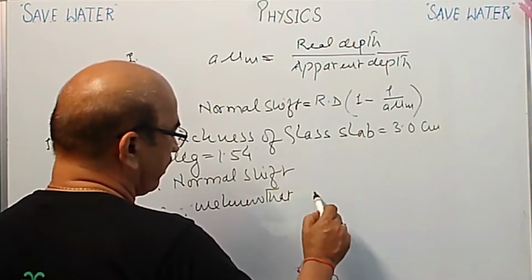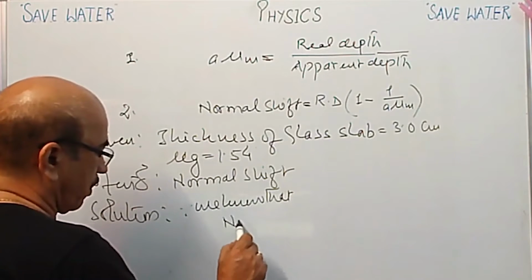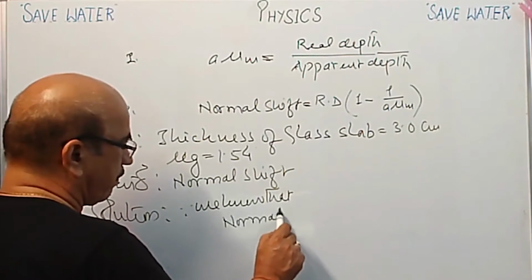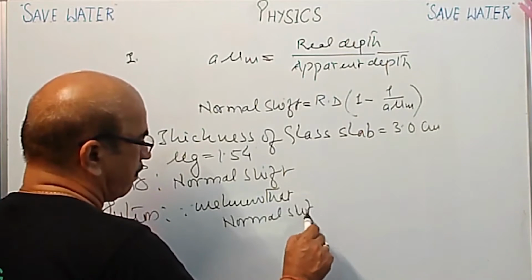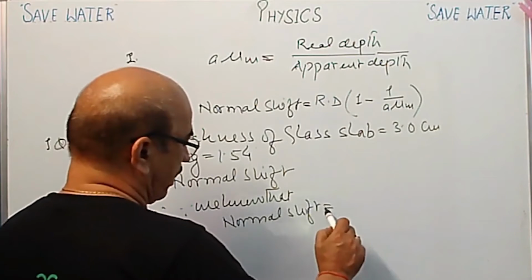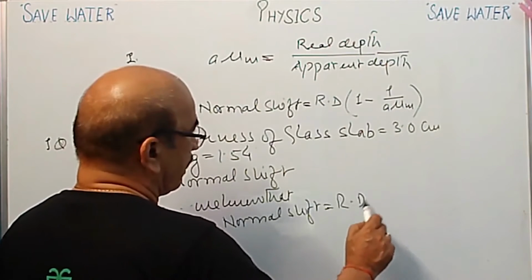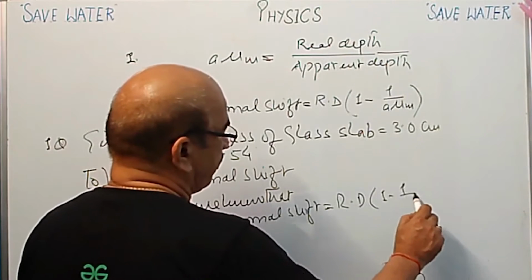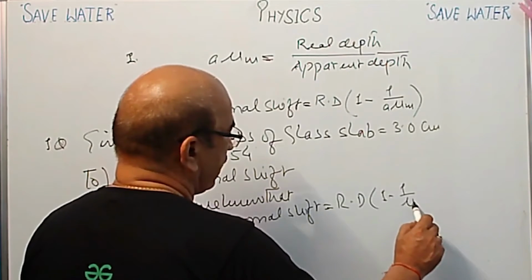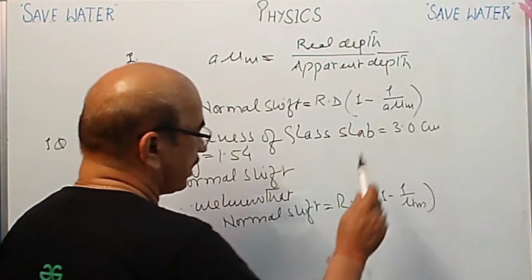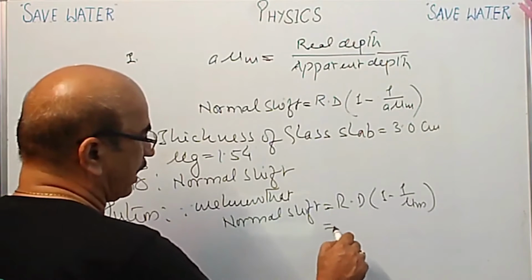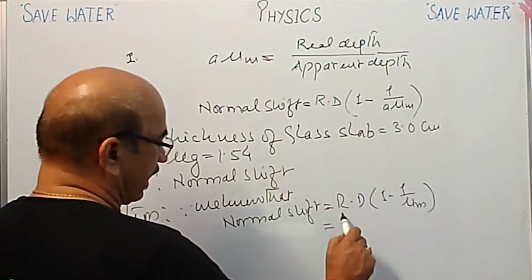So normal shift is equal to real depth times 1 minus 1 upon the refractive index of the medium, and here the medium is glass. Real depth is 3 centimeter.